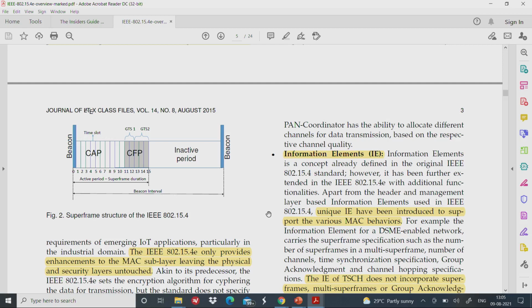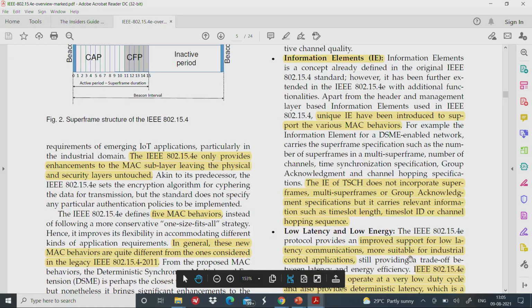So, you have an information element which says this is 15.4, this is 15.4e TSCH, this is 15.4e LLDN, this is 15.4e DSME and so on. So, all these things have to be differentiated, and therefore, that information element essentially takes care of that.